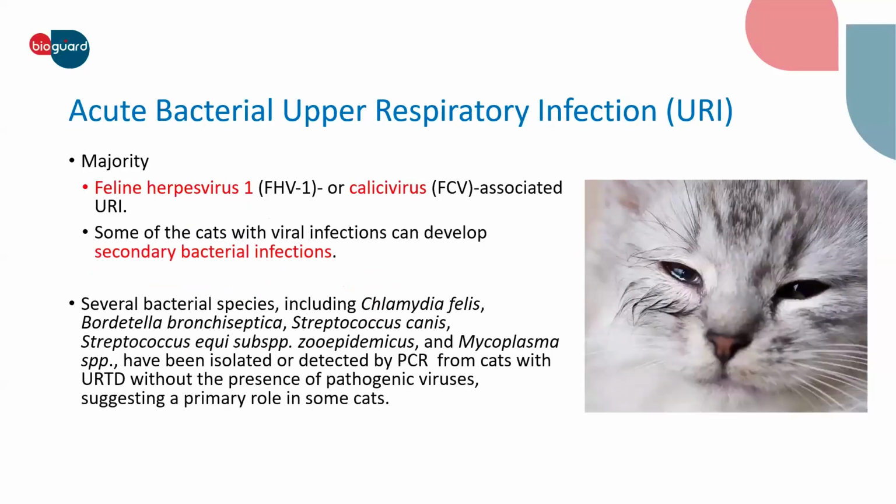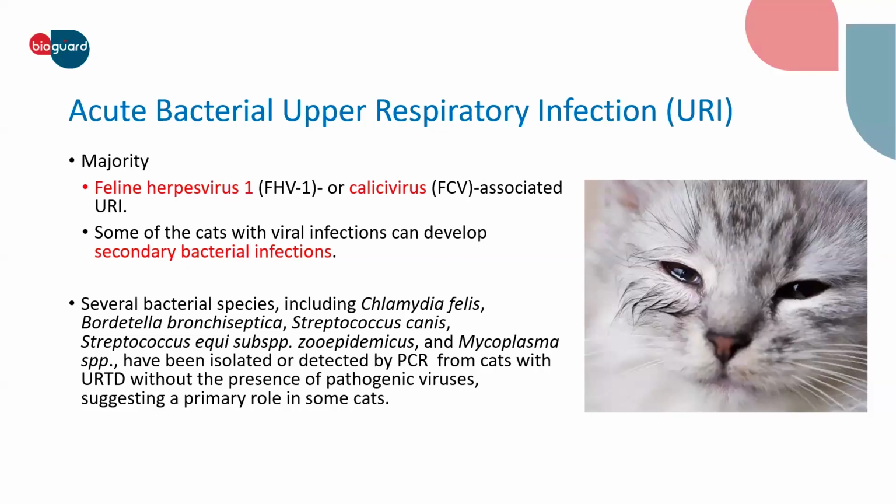So first, let's check acute bacterial upper respiratory infection. The majority of upper respiratory infections are actually associated with feline herpesvirus or feline calicivirus. Some of the cats with the viral infection can develop secondary bacterial infections.